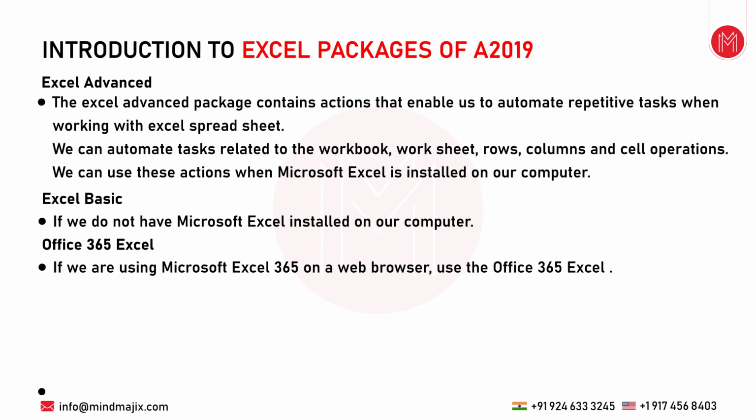Now, an introduction to the Excel package of A2019. One is Excel Advanced. This can be used if Excel Advanced is installed on our computer. Then Excel Basic is for when we do not have any Microsoft Excel installed on our computer. And the third one is Office 365 Excel. If we are using Microsoft Excel 365 on a web browser, then we have to use this Office 365 Excel.